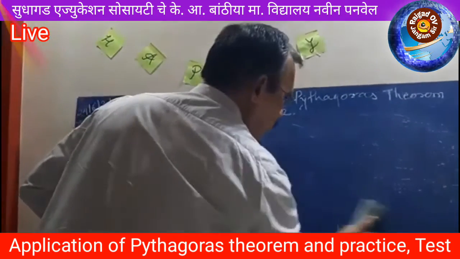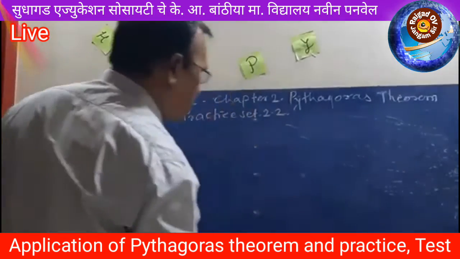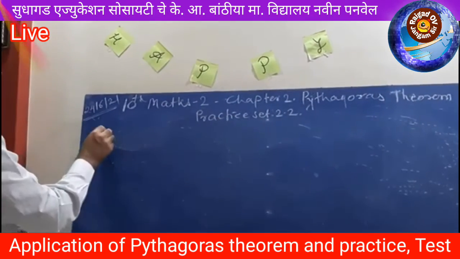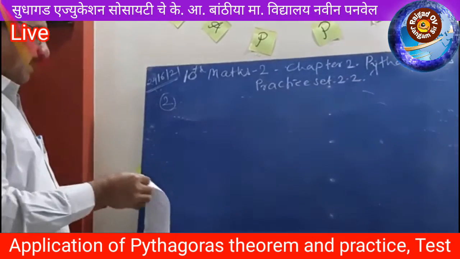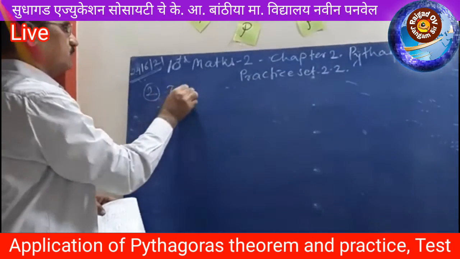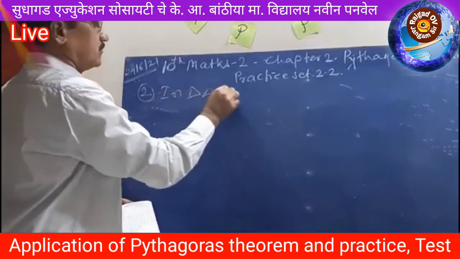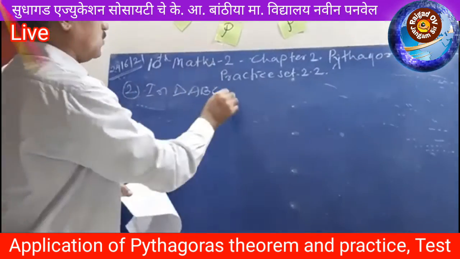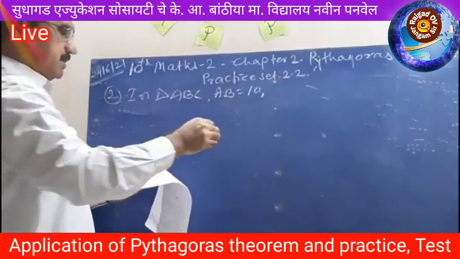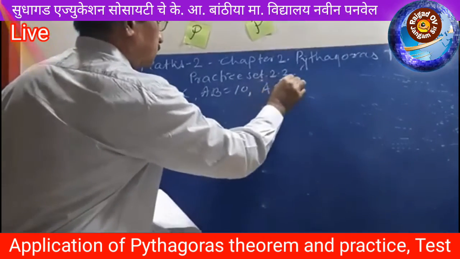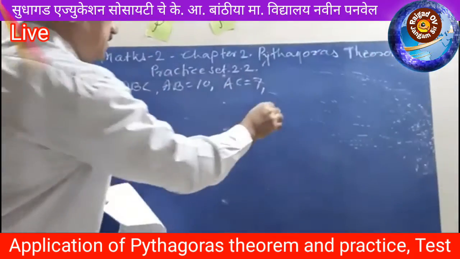Now we are going to take the second example from practice set 2.2. In triangle ABC, AB is equal to 10, AC is equal to 7, BC is equal to 9.